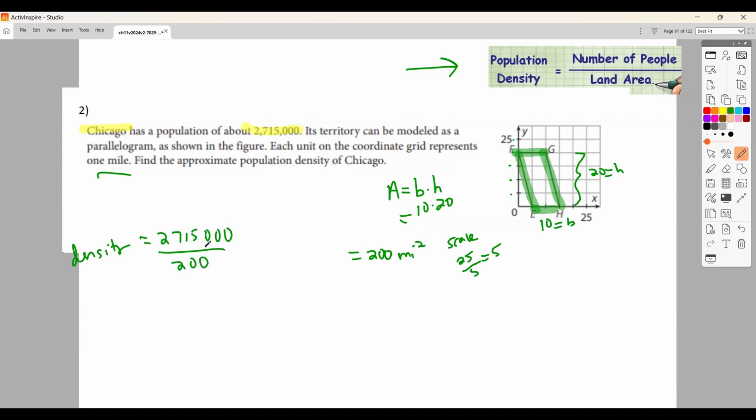So doing that on our calculator, I get approximately 13,575 people per square mile in the city of Chicago.